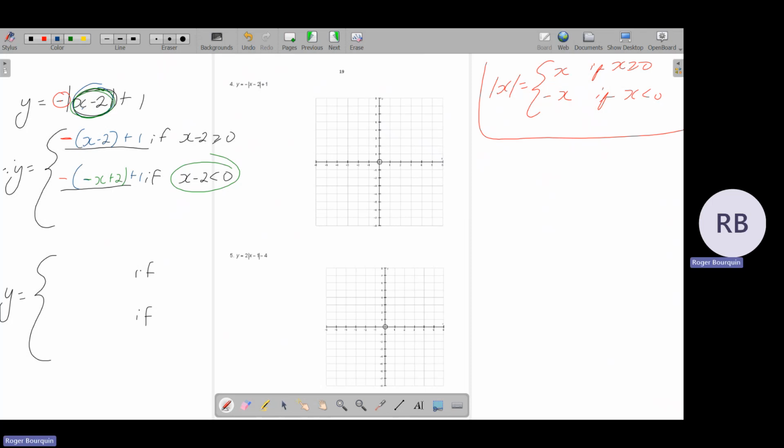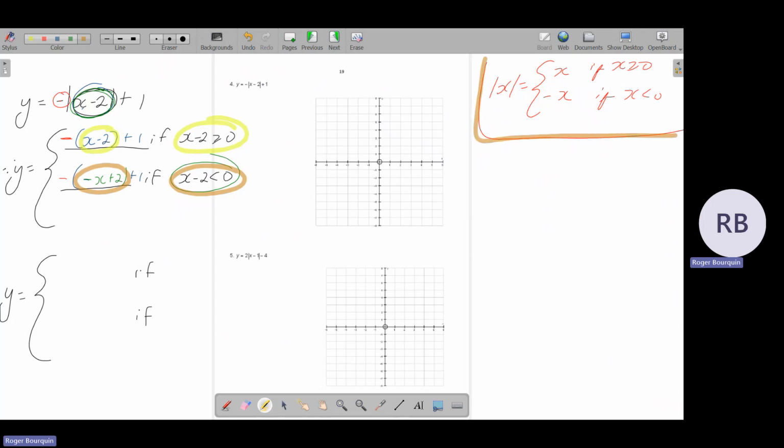So what was inside the absolute value? This over here. If what's inside the absolute value is bigger than 0, then it stays the same. But if it is less than 0, then it changes signs. That's what this definition is saying.